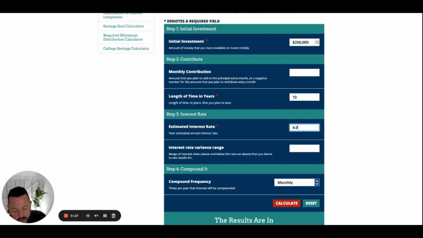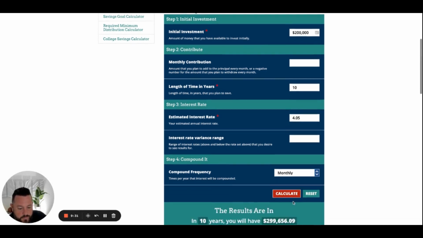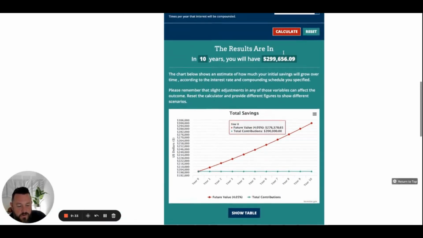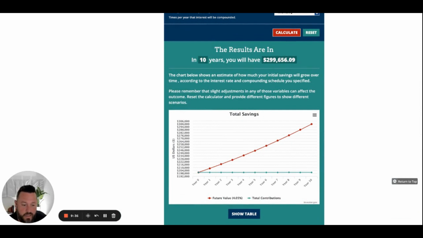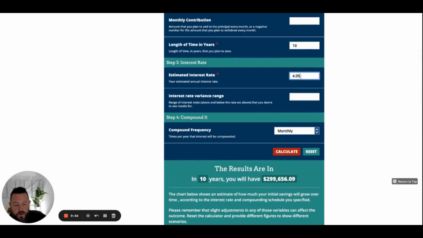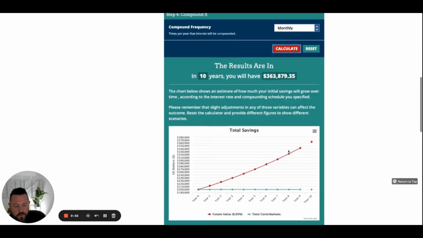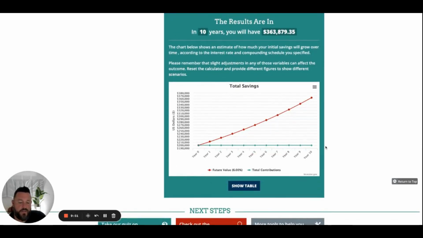It's only guaranteed for this year, but still 4.05. $200,000 over 10 years, if you can somehow maintain that interest rate, you're going to have almost 300,000 at the end. If you put your money in an investment that'll average 6%, you're at 363 or almost 364.